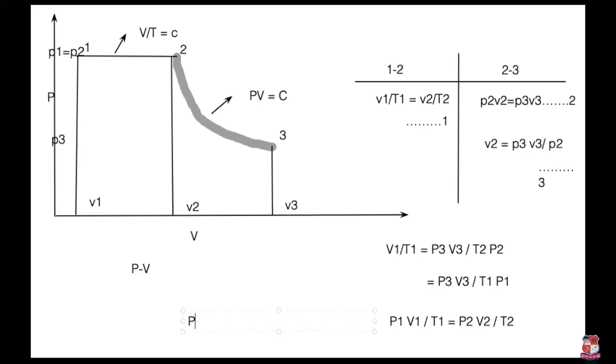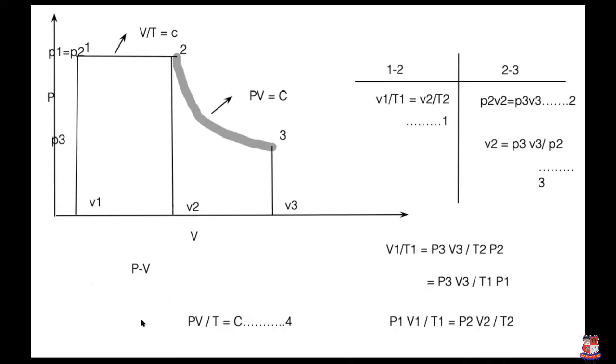So you can directly write the common equation PV by T is equal to C. It is the main equation, equation number 4, and it is known as the combined gas law. If someone asks what is the equation of the combined gas law, it is PV by T is equal to C.